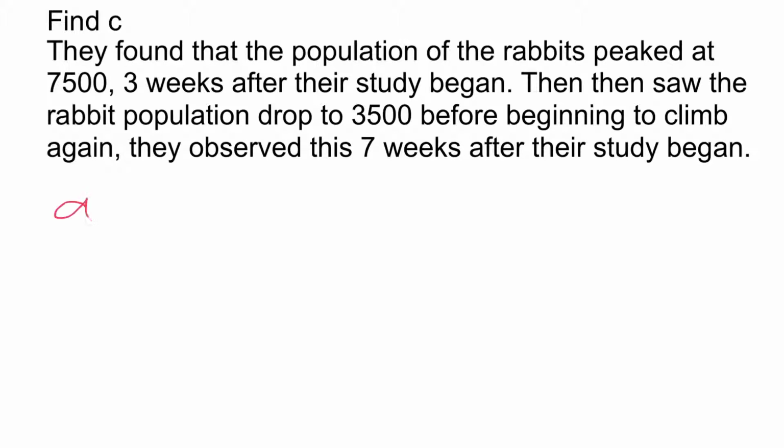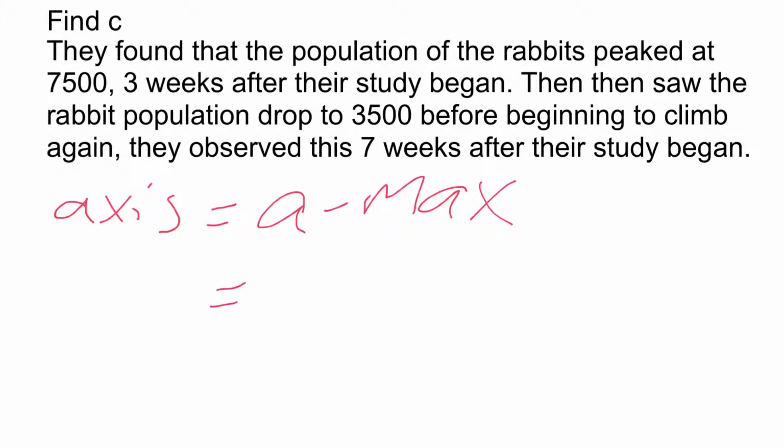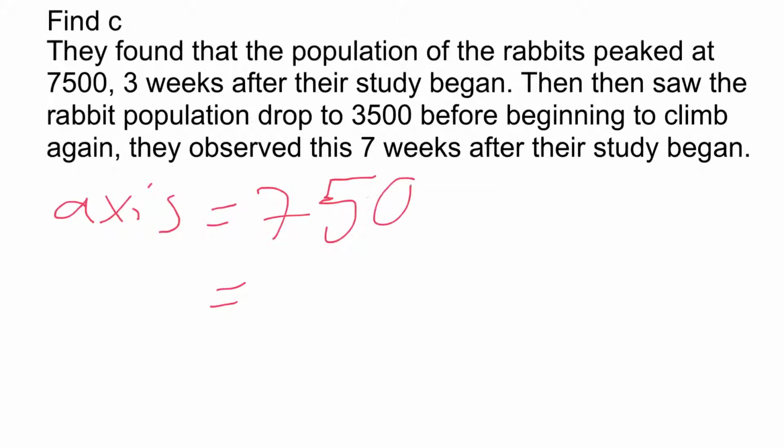Alright, so the axis of symmetry is equal to max minus A. Sorry, it's not A minus max, it's max minus A. So our maximum is 7,500 minus our A value of 2,000.